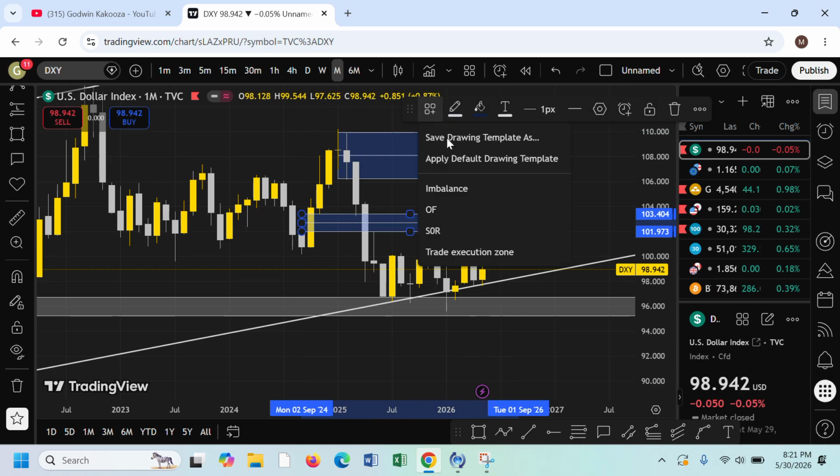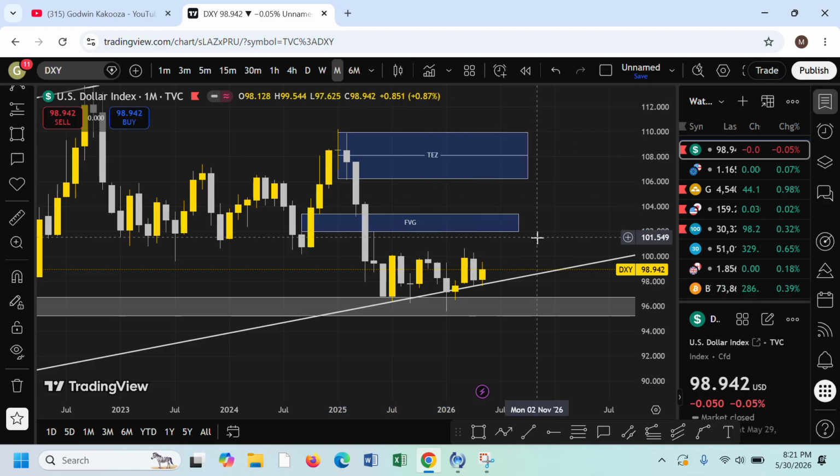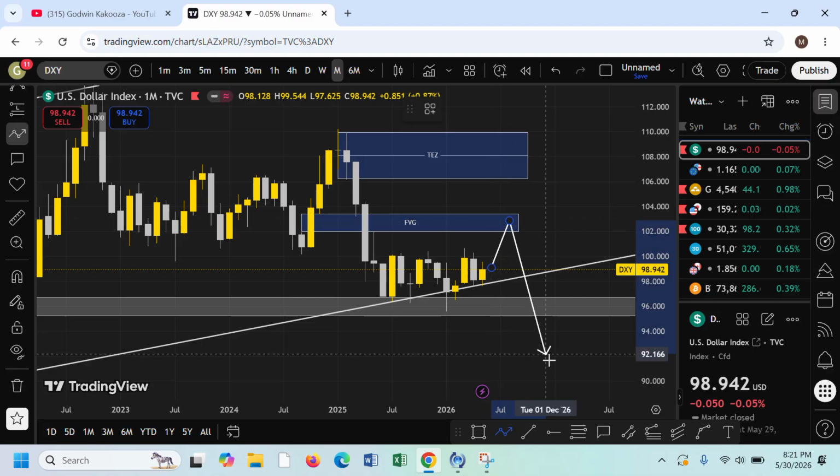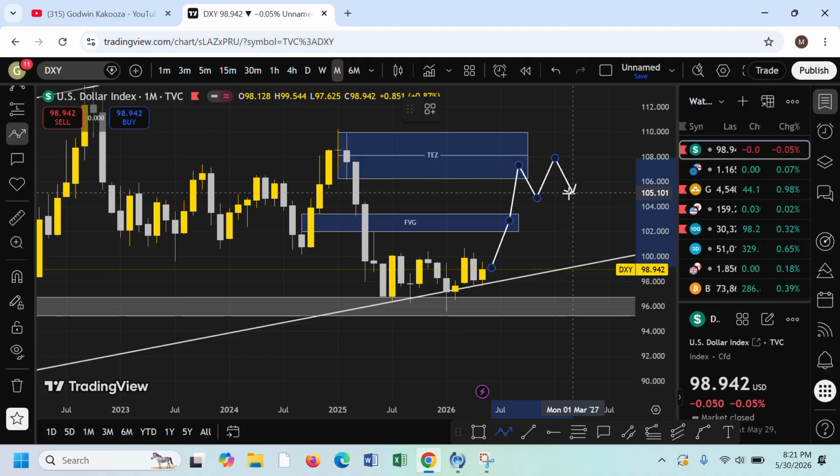It is an imbalance, so price at least has to come and push to reach here, or if I'm wrong, price can come and push here, and then it keeps on pushing to the upside, or it may even approach here and then change character, and then it pushes down.